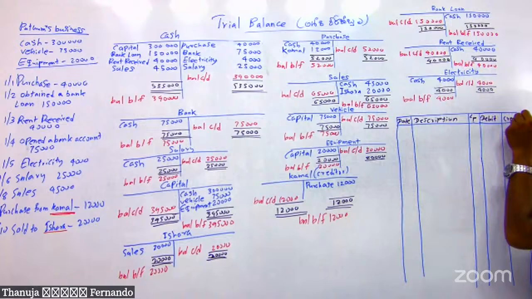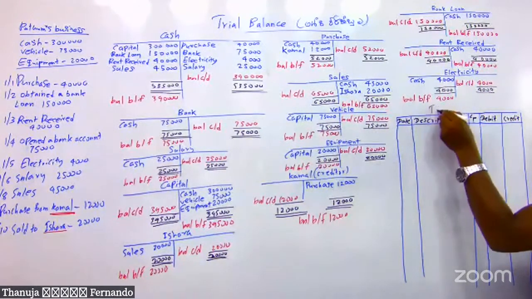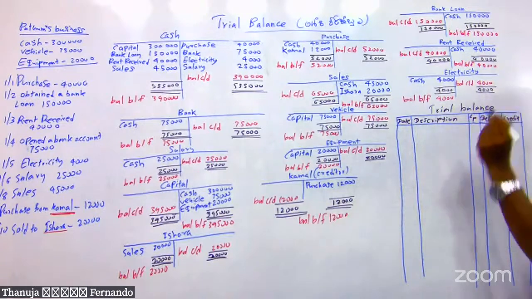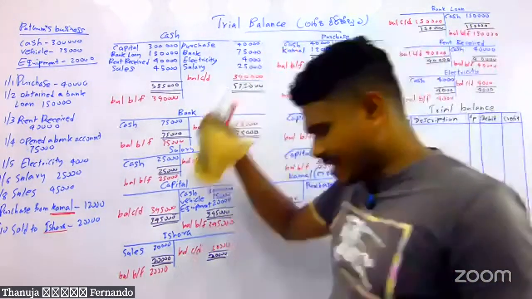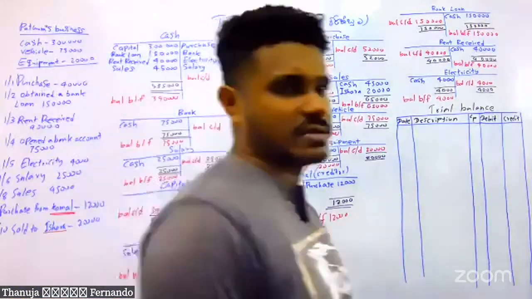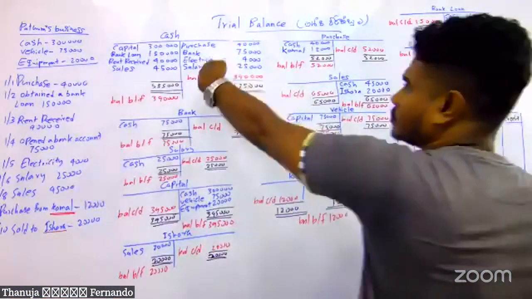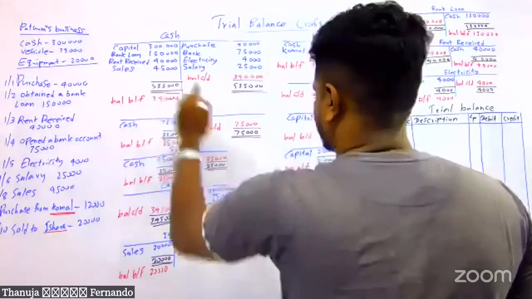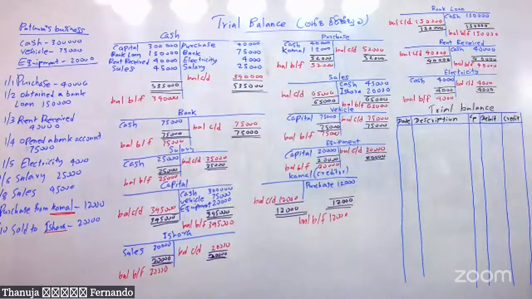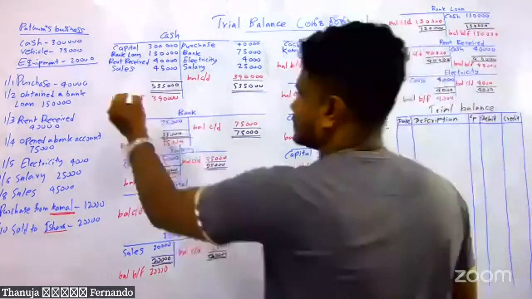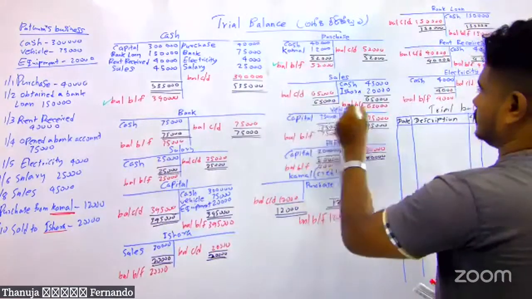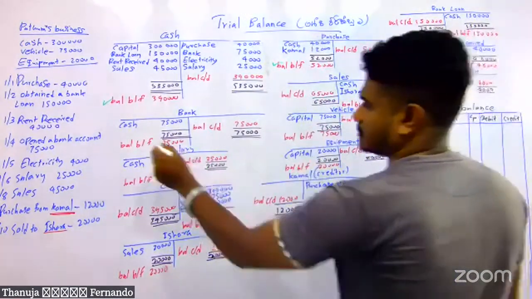Now, this is a trial balance, right? Now we are going to record all the balances of these accounts to the trial balance like this, right? First one, cash account, brought forward balance. Every time we take the balance brought forward, because the balance we take for the next time period.